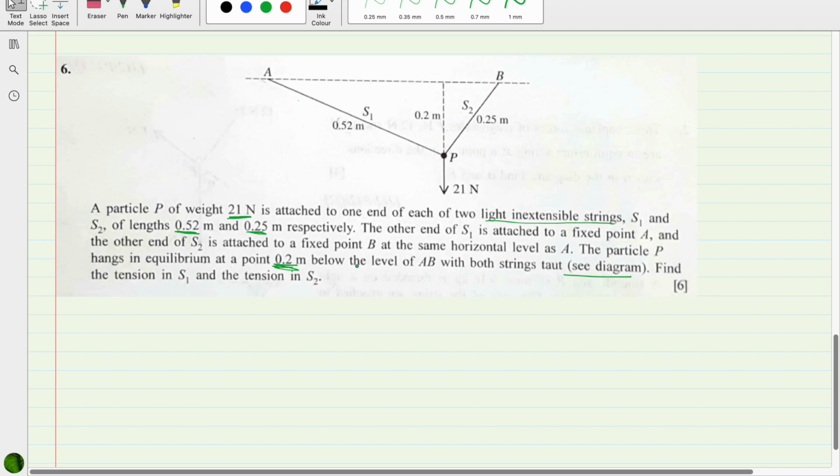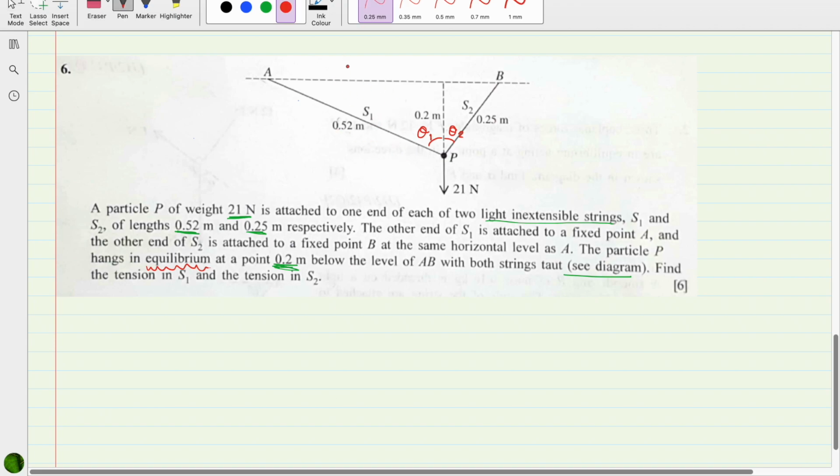As we can see, the system is in equilibrium, which means the sum of horizontal forces is 0 and the sum of vertical forces is 0. Or we can say all the forces to the left are equal to all the forces to the right. So if I consider this as theta 1 and this as theta 2, I can split them up.